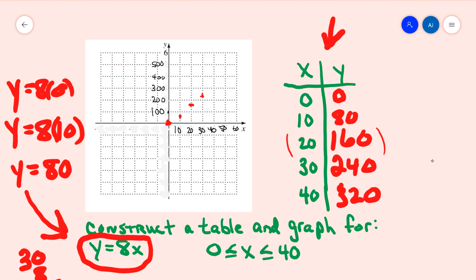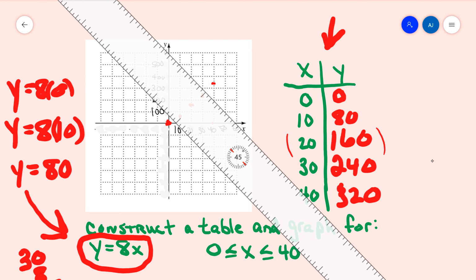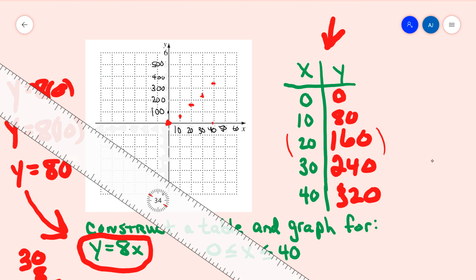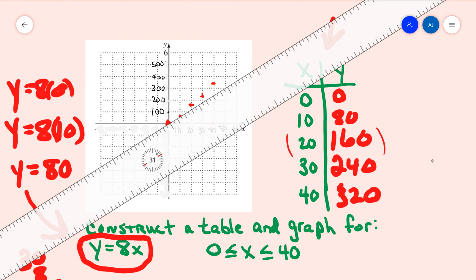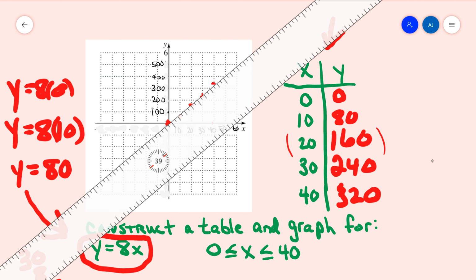And lastly is 40, 320. Here's 40, then I'm going to go up to 320. And 320 may be there, the lower part of that. Okay. So that's what I've got. And with that, I could connect my line with that. Let's see if I can do this. Here's a line here. This would be a straight line.